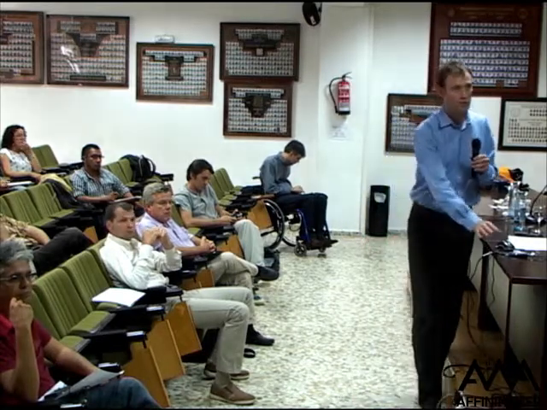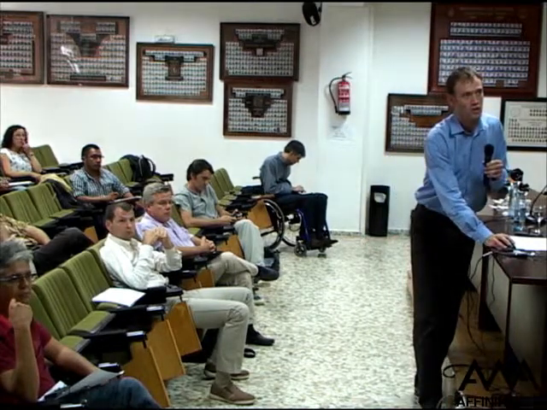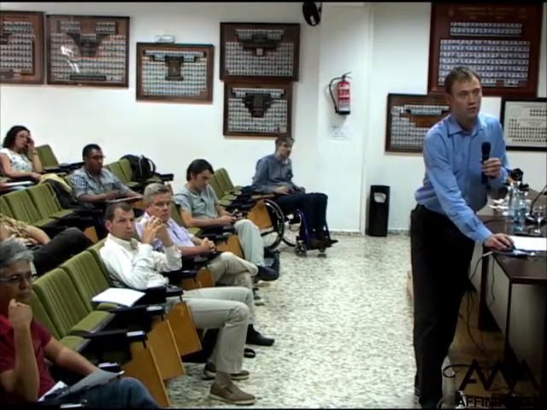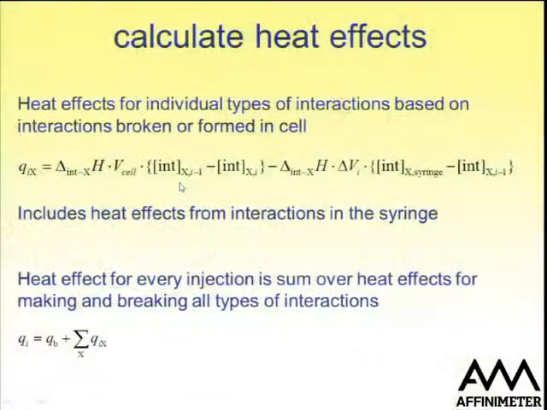So again, it's a bookkeeping exercise where you know the enthalpy for a certain interaction, you know the volume of the cell, and you do the bookkeeping for how many of these interactions were present before my injection and how many are present after my injection. But you need to compensate for the fact that some of the material has disappeared out of the cell. But again, this is bookkeeping.